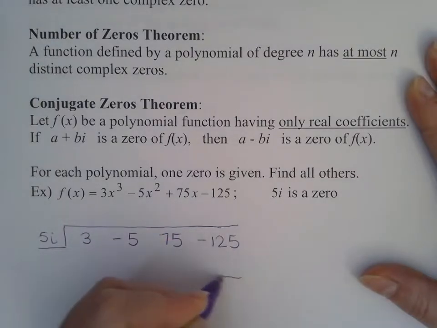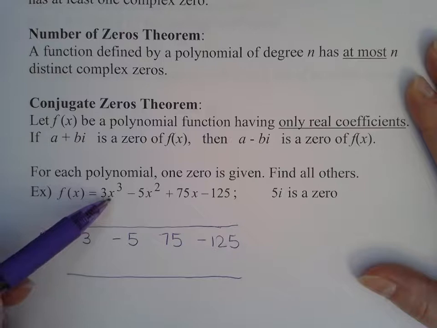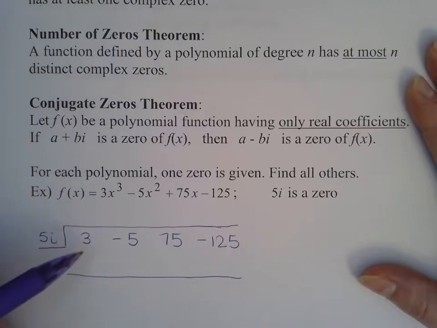There are no missing powers of x here, so we don't have to put in a 0. Remember to do the synthetic division, really what we're dividing by is x minus 5i. So when we divide by x, the degree goes down by 1, but the coefficient in front is going to stay the same. So we bring the 3 down.